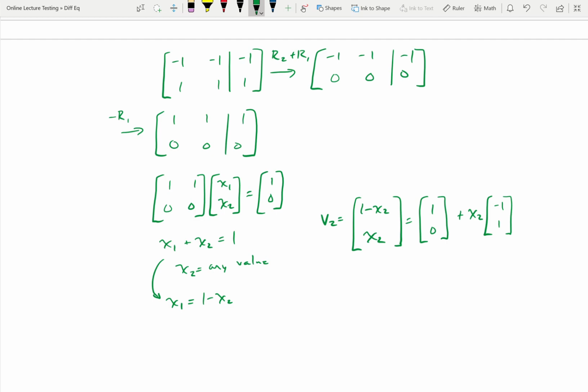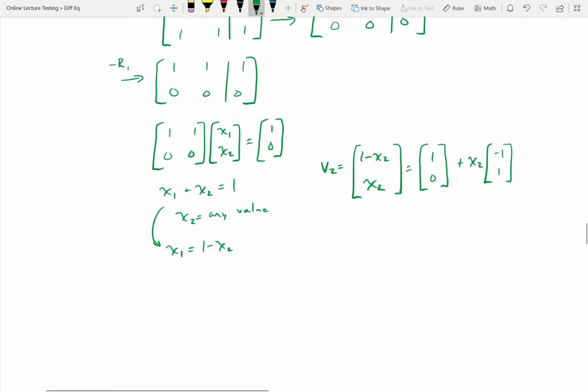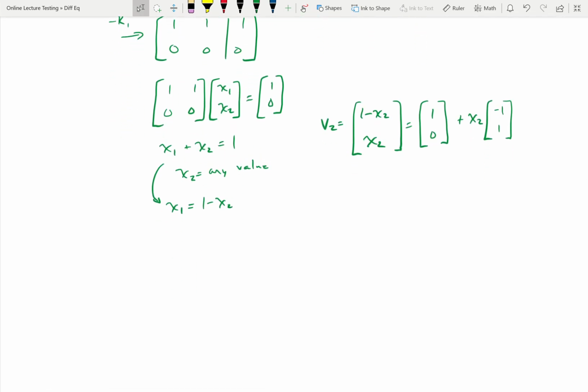All right. So here I only need one v2. So for simplicity's sake, I'm going to let x2 equal 0. So what happens to this term? It goes away.